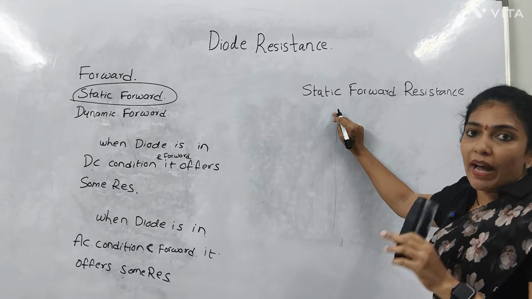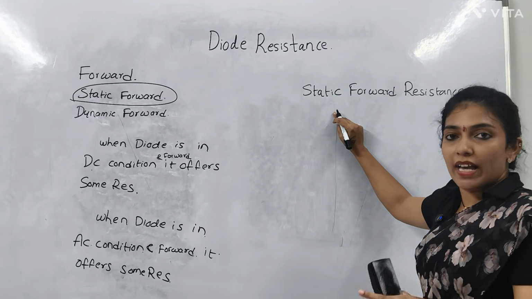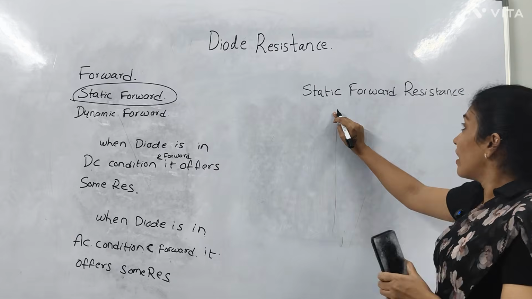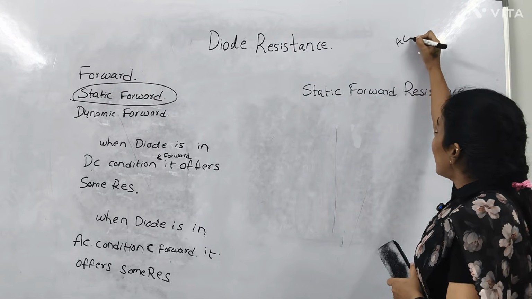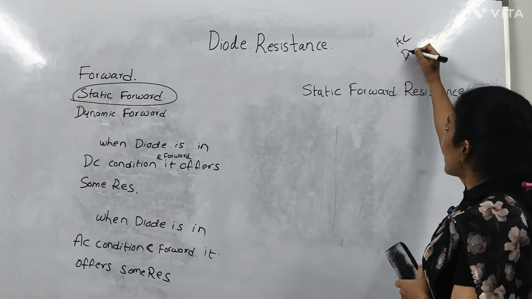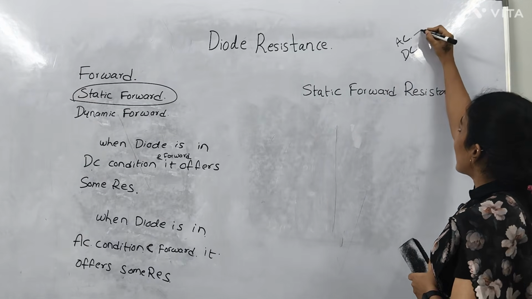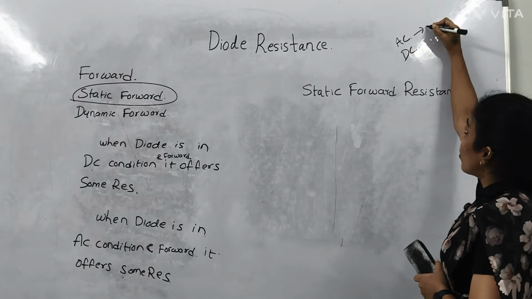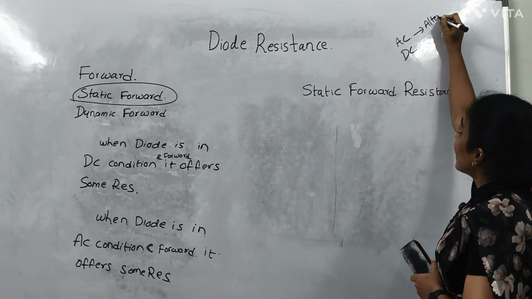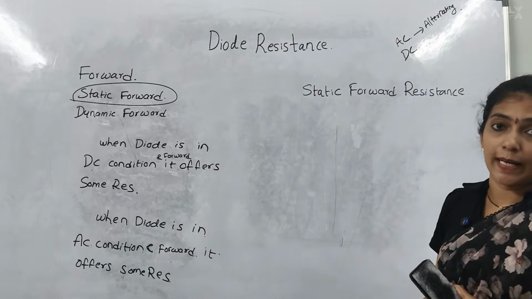Biasing. We already know biasing, right? Biasing means giving an external voltage to the diode. We can give AC voltage or DC voltage to the diode. AC voltage means alternating current, which is always changing.